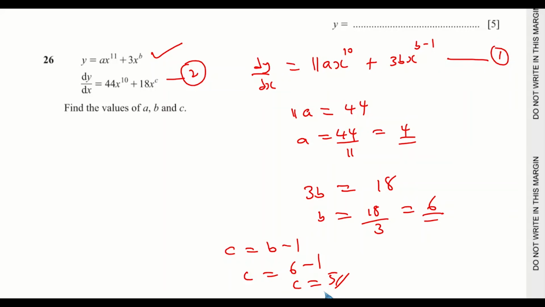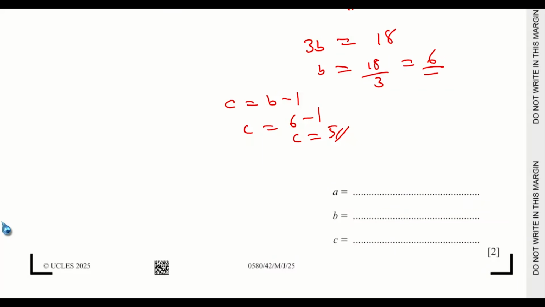So that means a equals 4, b equals 6, and c equals 5. So let's scroll down and put our values there. a equals 4, b equals 6, and c equals 5 respectively.